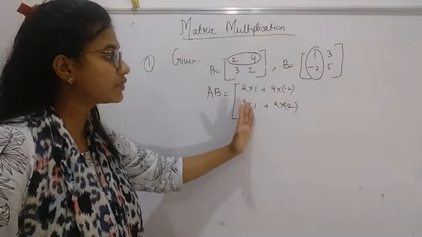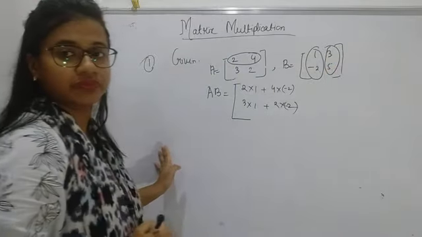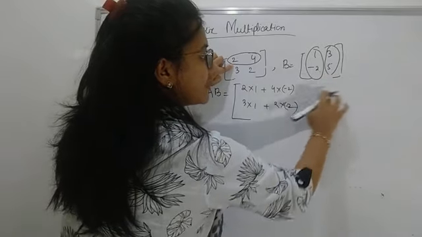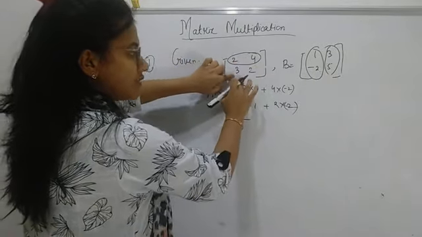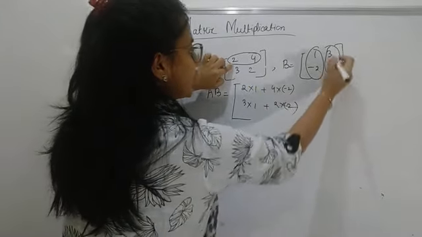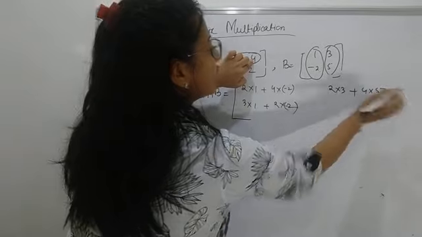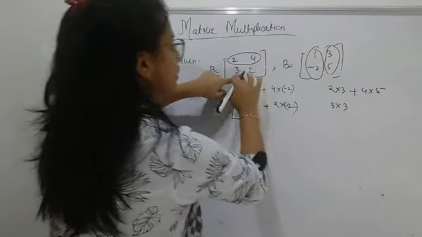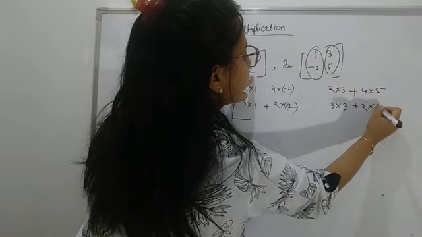So we will move to the second column. The second column will first multiply with the first row, then the second row. So this is 2 into 3 plus 4 into 5. This is 3 into 3 plus 2 into 5.